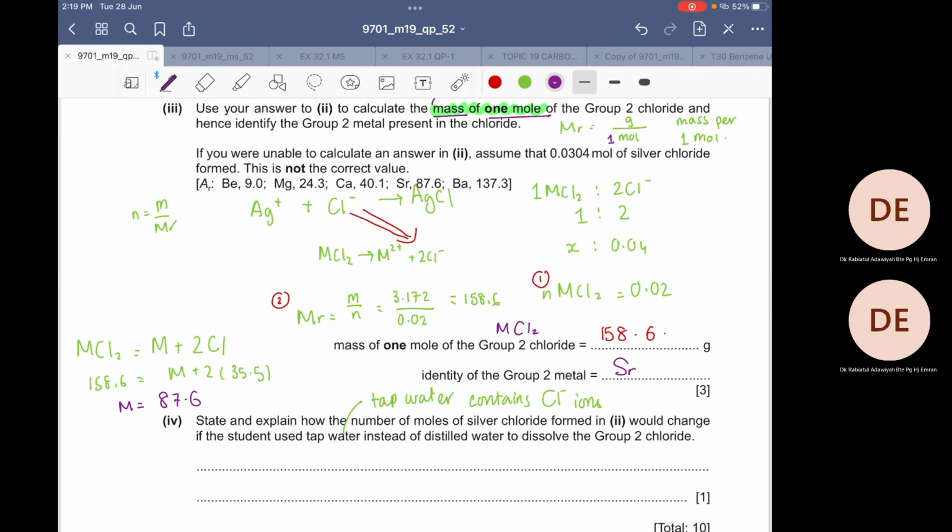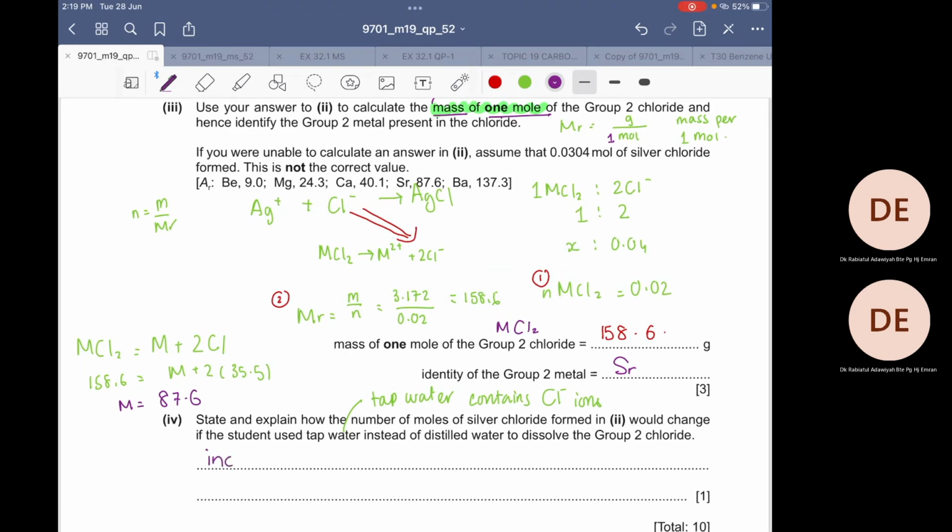Okay, so that means if you have more chloride ions, the silver chloride will also increase. Okay, so this will increase the number of moles of silver chloride because tap water contains chloride ions.